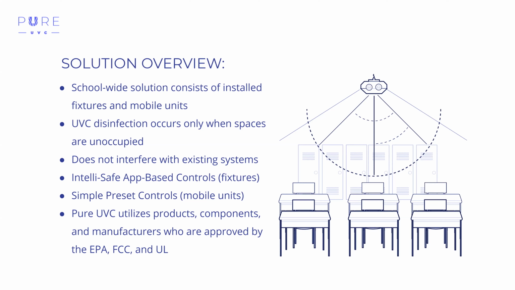And at this point, while 222 nanometer technology is not yet viable, it is a non-compromisable offering there. No one is to be under the UVC light. It does not interfere with existing systems. So there's going to be no interference with your AV system, with your lighting system, with anything there.